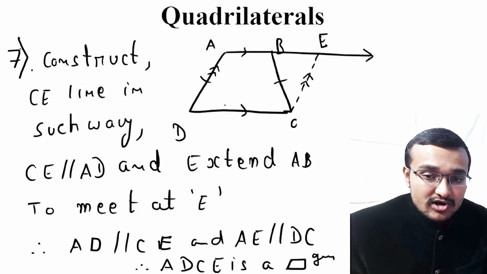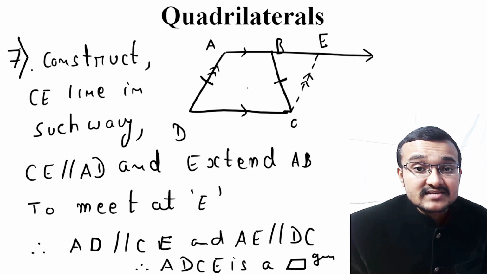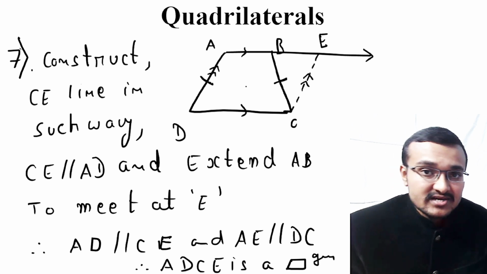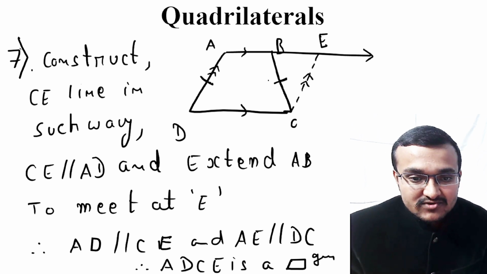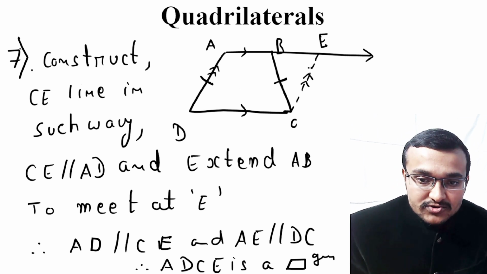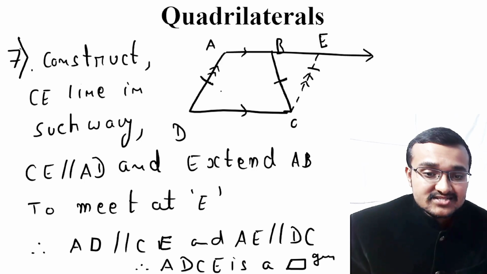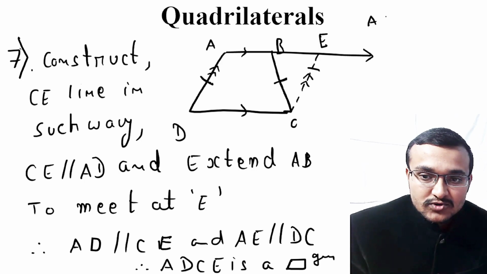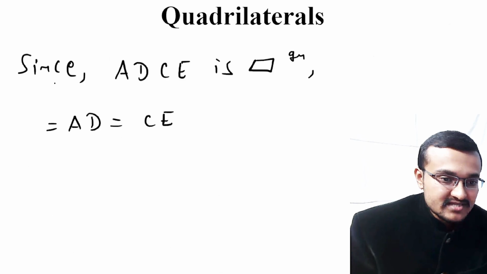Since they have already given AD is equal to BC, and since ADCE is a parallelogram, opposite sides should be equal, that is AD will become equal to CE. And in this question they have already given AD is equal to BC. So AD is also equal to BC.